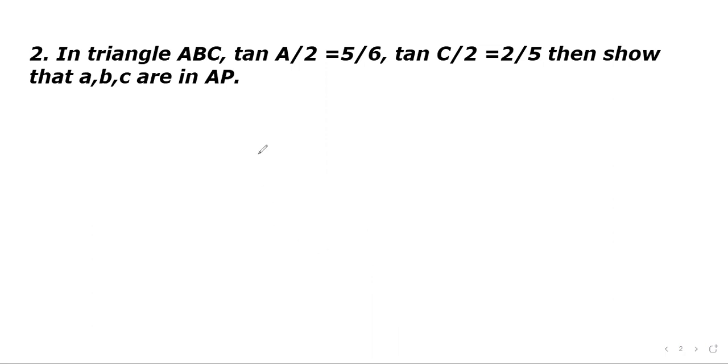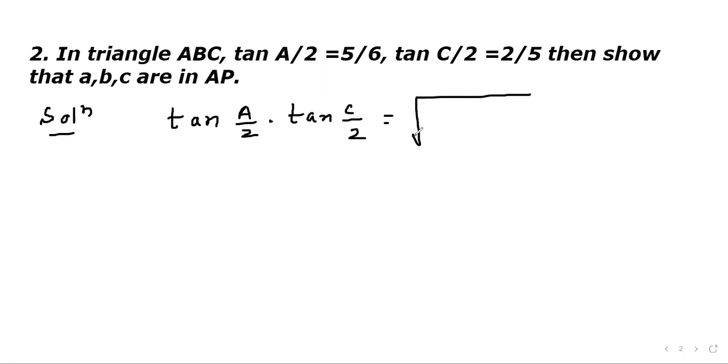Question number 2 says, in a triangle ABC, tan A/2 equal to 5 by 6, tan C/2 equal to 2 by 5, then show that a, b, c are in AP. So let's consider the solution. Tan A/2 times tan C/2. We know from the formula of tan half angle, it will be root of (s-b)(s-c) divided by s(s-a).